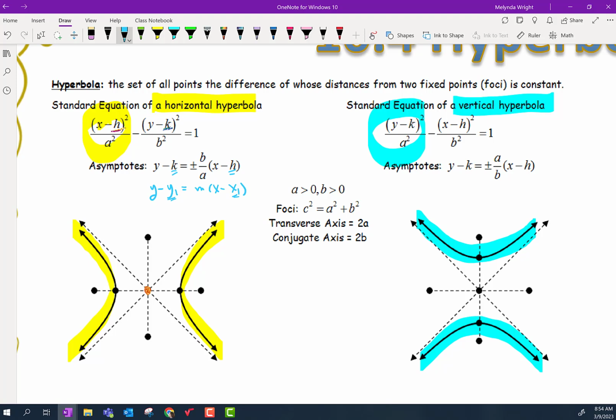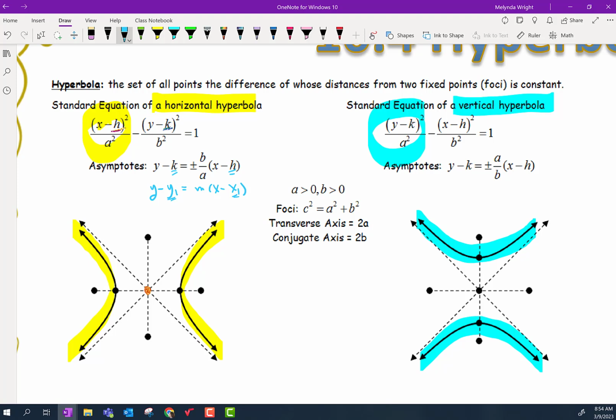When we write the equation of the asymptote, we use h and k. The slope we get from the denominators of the formula when it's in standard form. That's another reason why it's really important to get the equations in standard form. You can read a lot of information out of them. So you can read the center, h and k, and you can read the slope of the asymptotes.